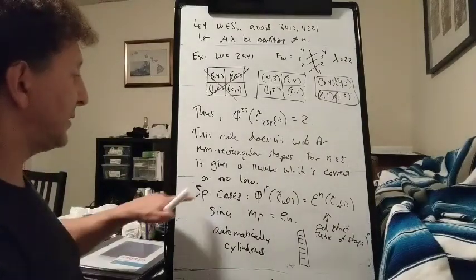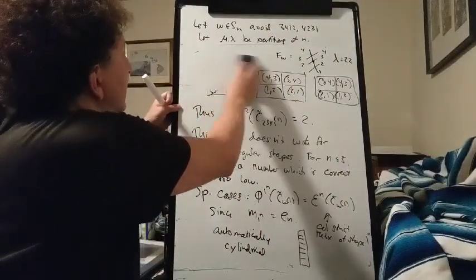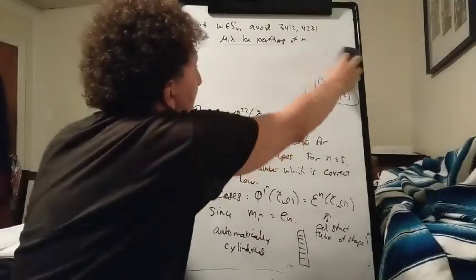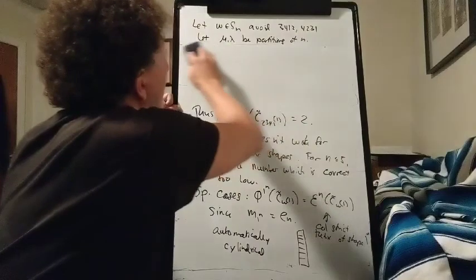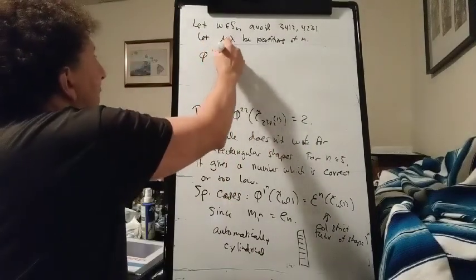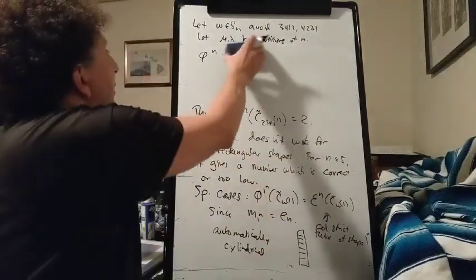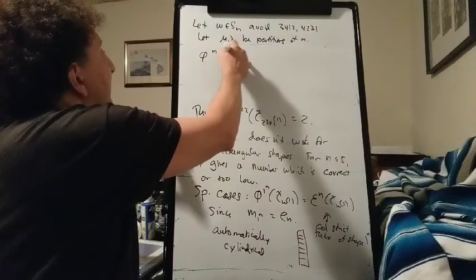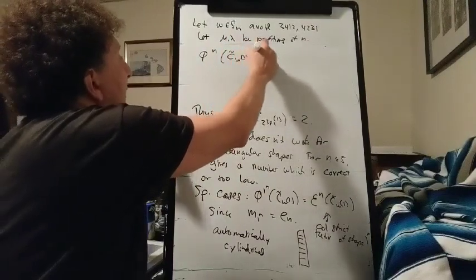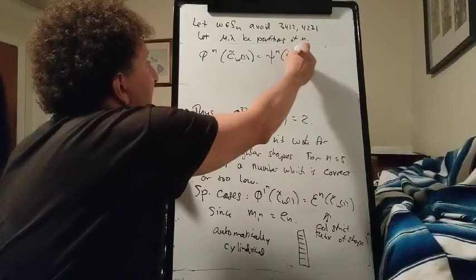And then another special case is phi^n. So phi^n applied to a Kazhdan-Lusztig basis element equals psi^n applied to the same basis element.